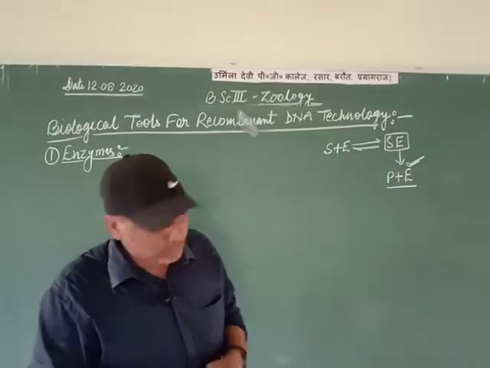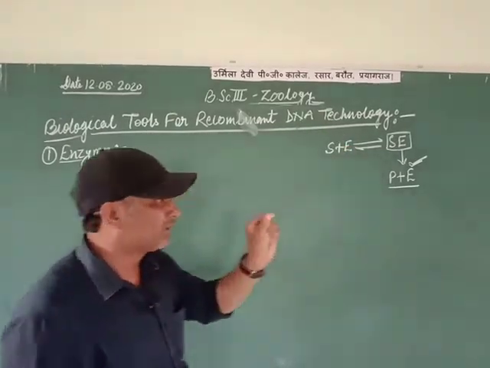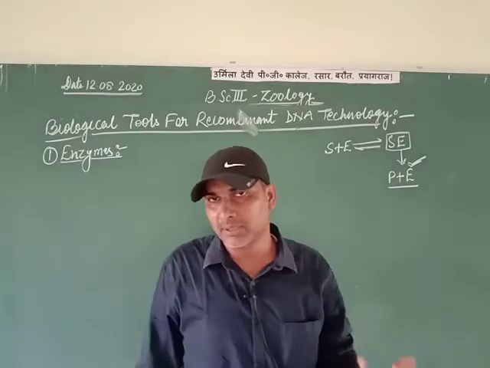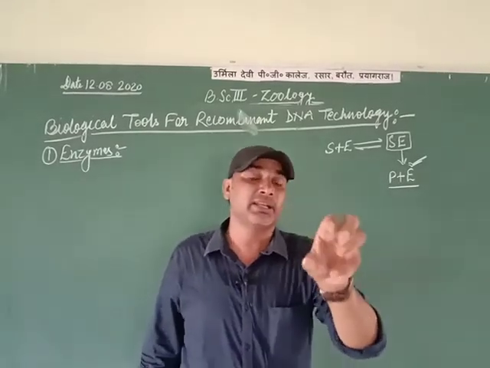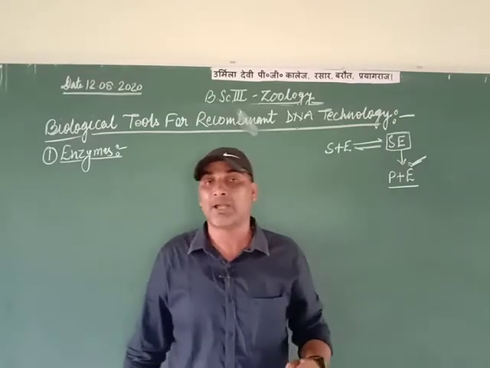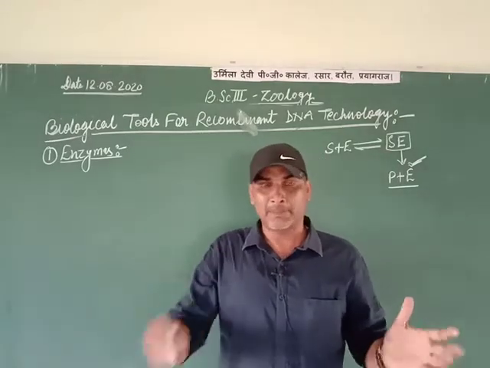So this is recombinant DNA technology in in vitro conditions, and it involves chemical reactions, because DNA is made up of three basic components. First is the phosphate group, second is the nitrogenous bases, and the third is the pentose sugar.